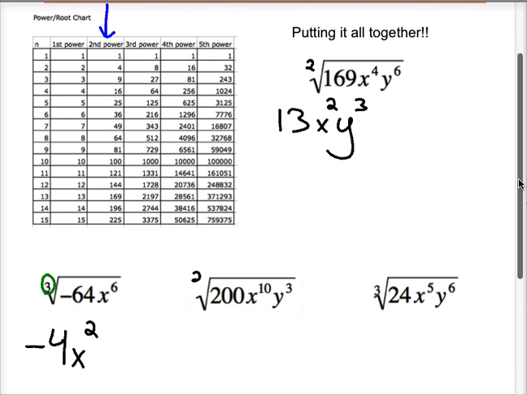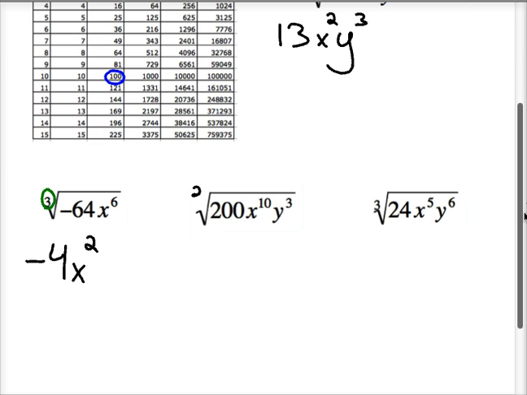So because 200 isn't on our list, we have to look to see what divides the 200. Well, on that list, I see 100. 100 divides 200. So I'm going to split that up.